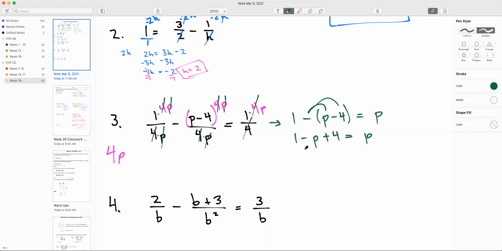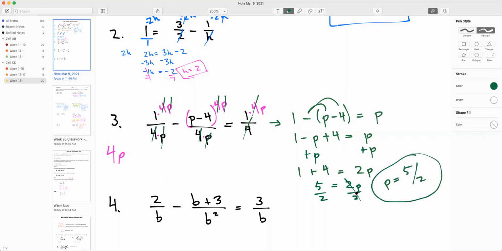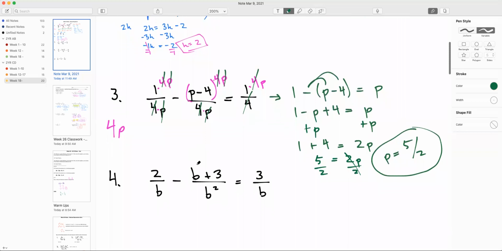Next step, we need to get all the p's to one side, isolate the variable. Plus p, 1 plus 4 equals 2p. So that means 5 equals 2p. And then you divide. The 2's cancel, and you're left with p equals 5 halves. That's how you go about solving that one.